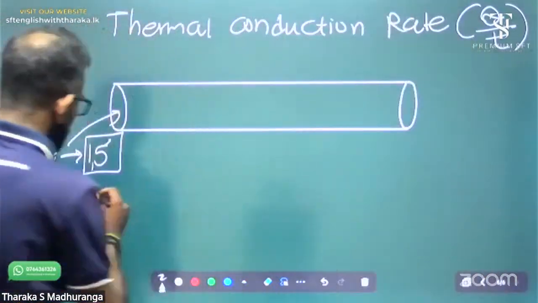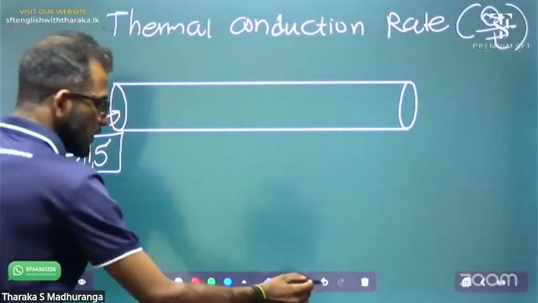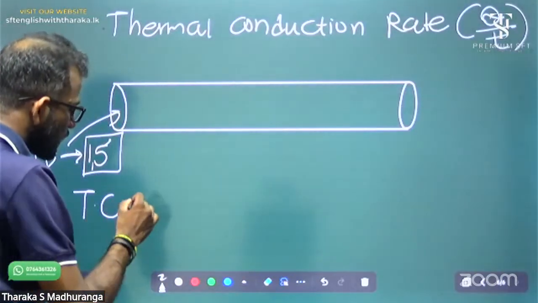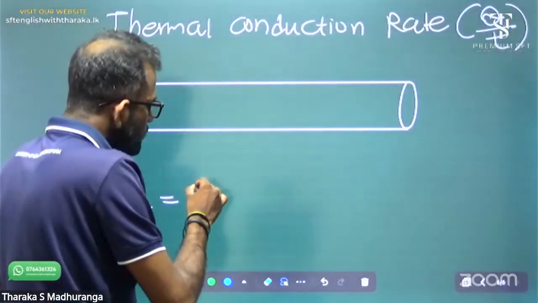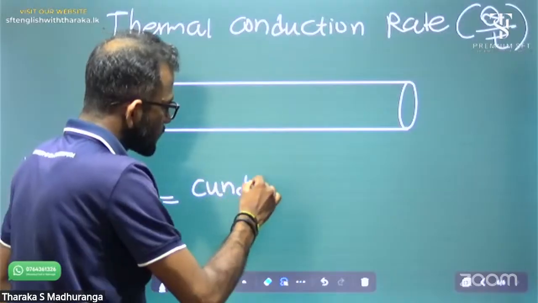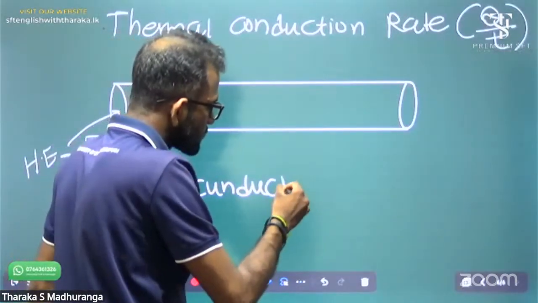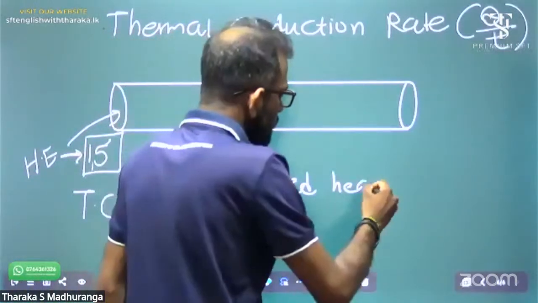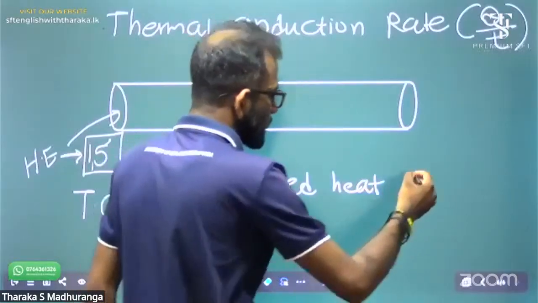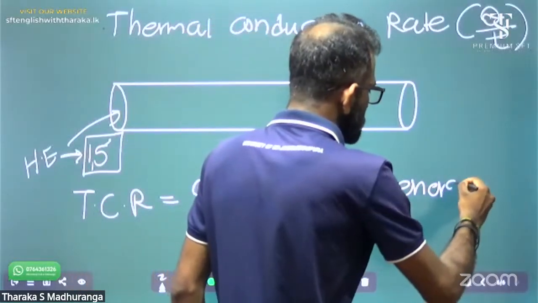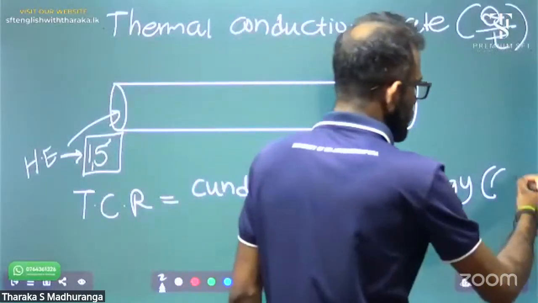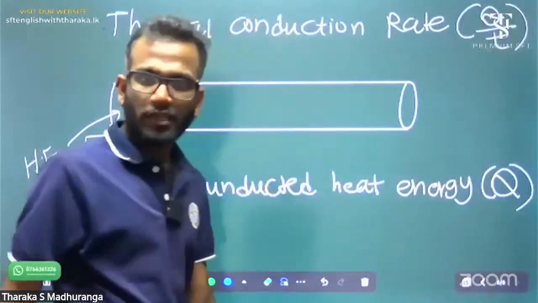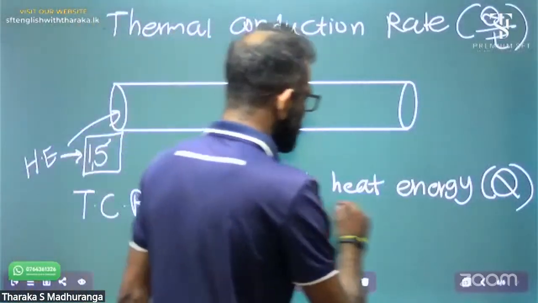Therefore, we can say the thermal conduction rate, in short TCR, equals the conducted heat energy, Q, the quantity of heat, divided by time.